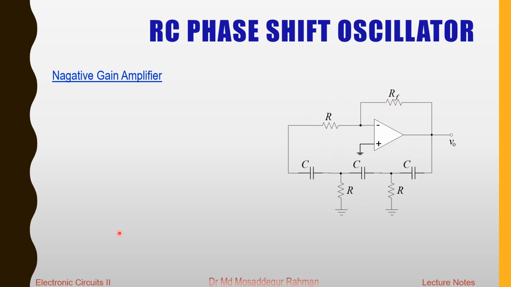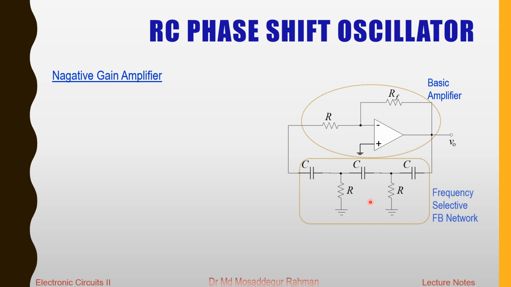And then as the feedback network, we have this combination of R and C's, and this feedback network, since we have a negative gain amplifier, that will give you 180-degree phase shift from input to output, and then you have this RC circuit that should give you another 180-degree phase shift, so that the total phase shift is 360-degree when the signal completes one complete loop.